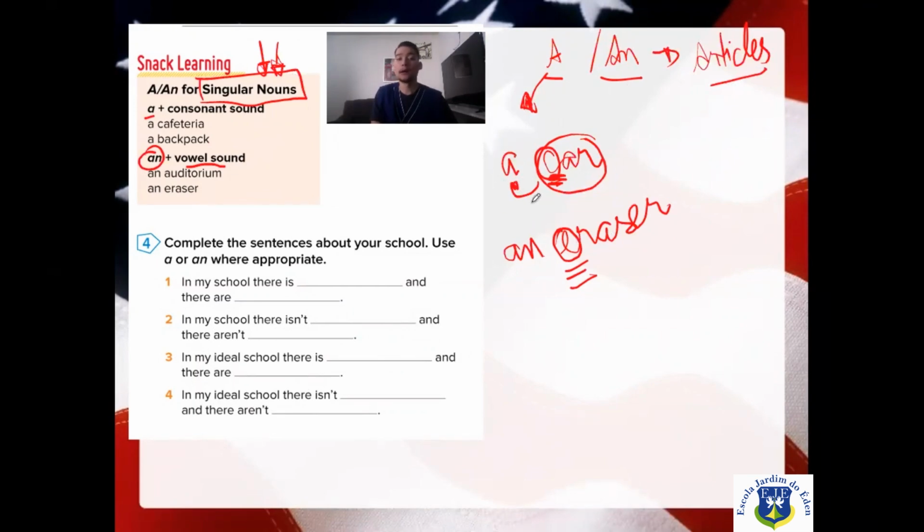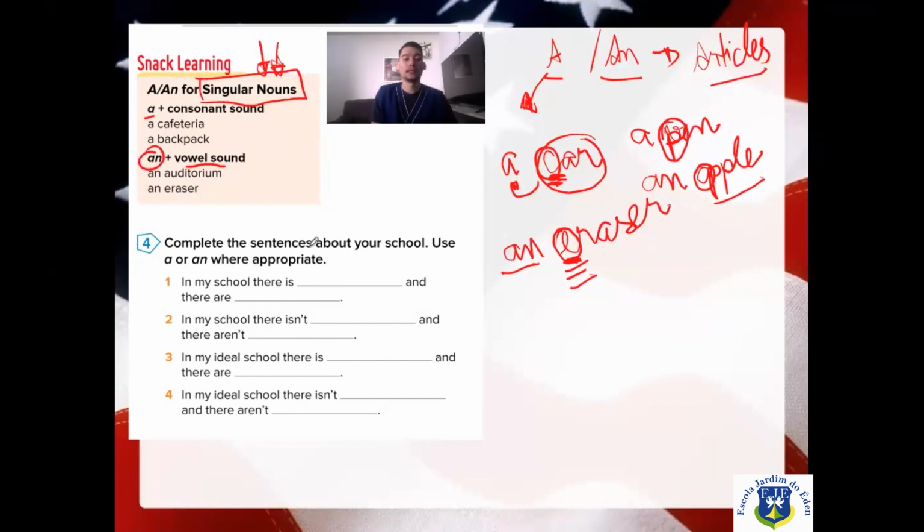Então, a car, ok? A car. E quando começar com uma vogal, ó, eraser, né? Nós vamos colocar an. Então, a car and an eraser, ok? A pen and an apple. Okay? So, vowel and consonant.